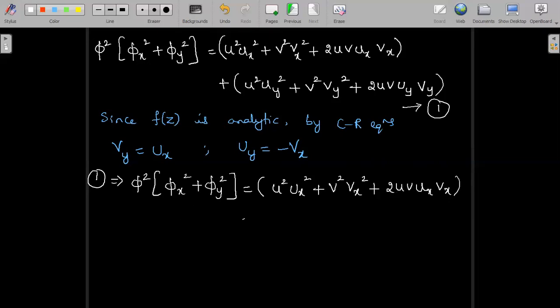In the second bracket, it is u square into uy, which is nothing but minus vx. So uy square will be vx square. Squaring it becomes positive. Plus v square into ux square.